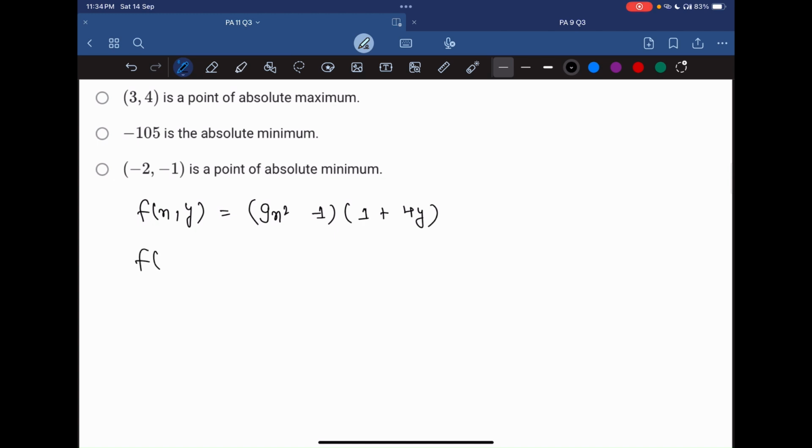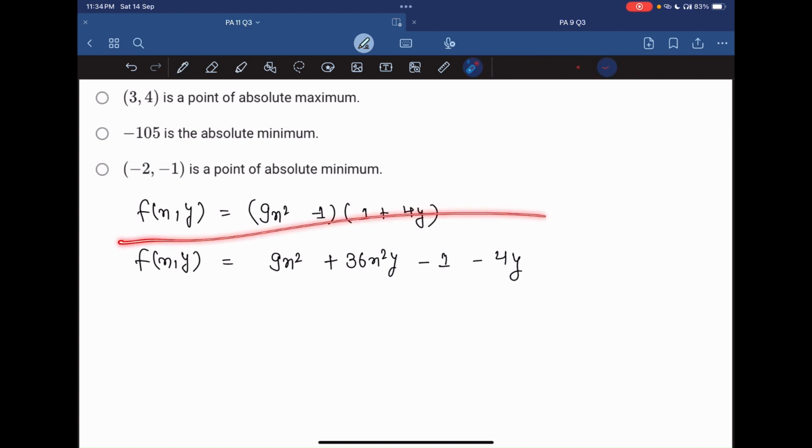let's simplify the function first. Now if we want to calculate the maximum and minimum value of the function, like at what point they occur, for that we need the critical points of the function, and for that we need to calculate the gradient of the function and set it to 0.